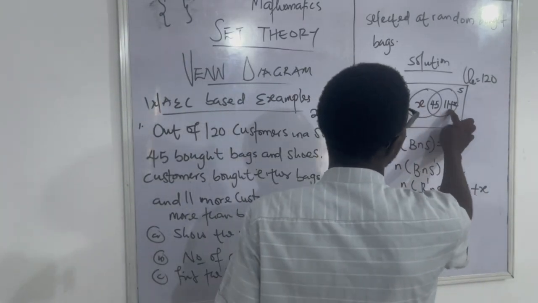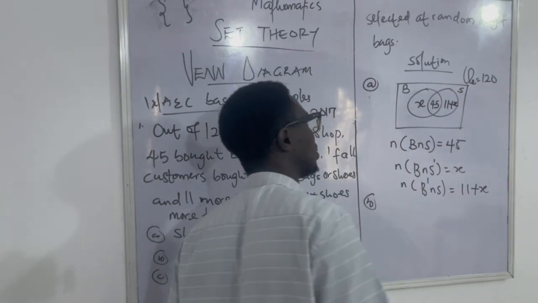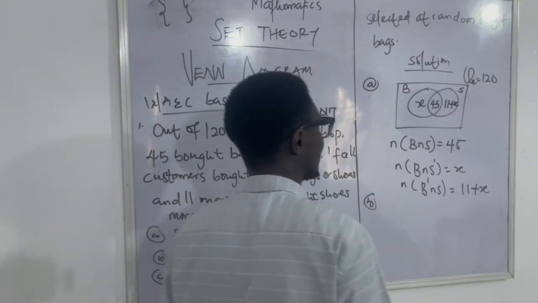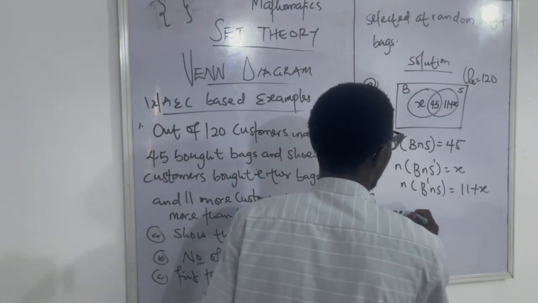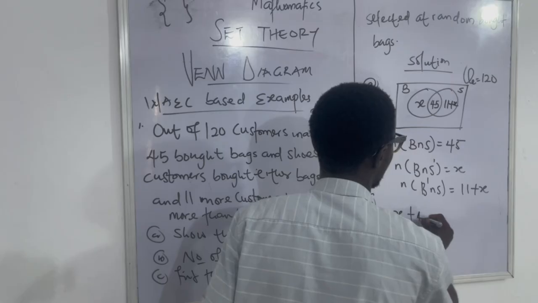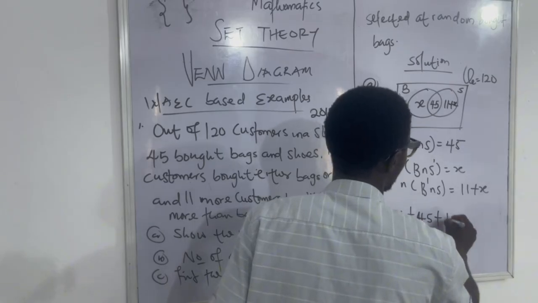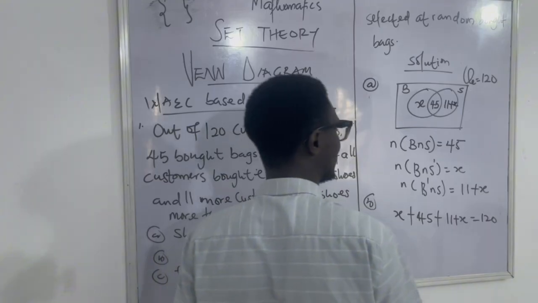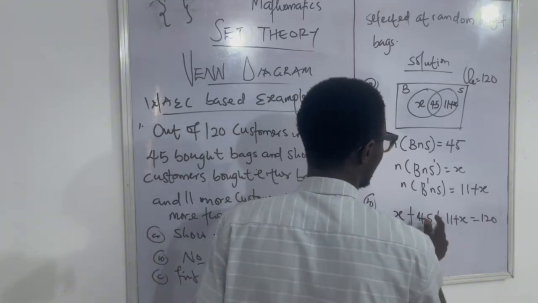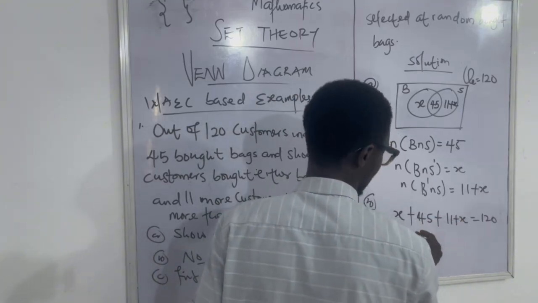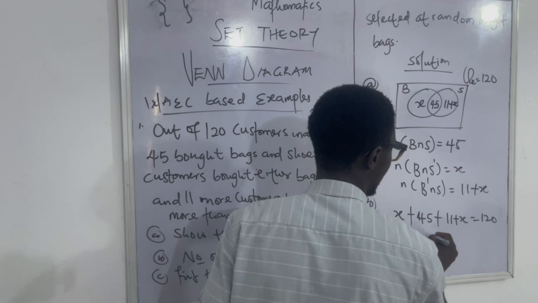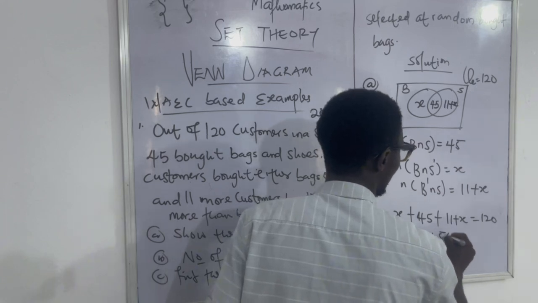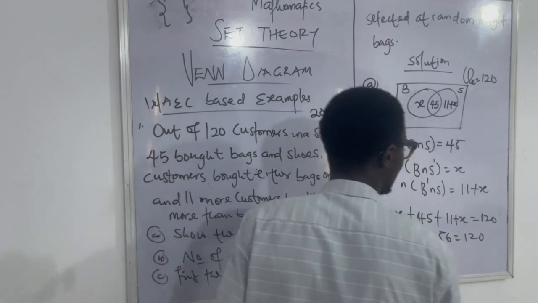So adding these 3, equating it to the universal set. So that's X plus 45 plus 11 plus X equals to 120. So 45 plus 11, that's 56. So 2x plus 56 equals to 120.